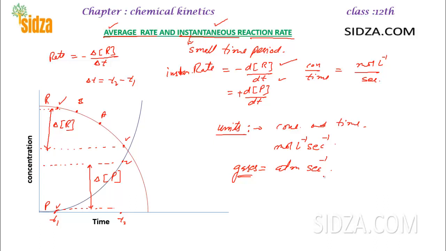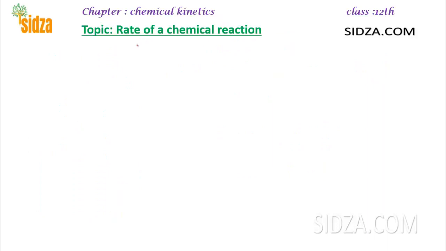Now let's take some examples here. How do we actually write down the reaction rate? Suppose we have a reaction A plus B reacts and forms C. So I'm going to write down the reaction rate here.